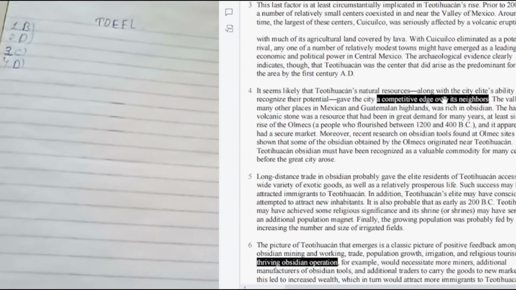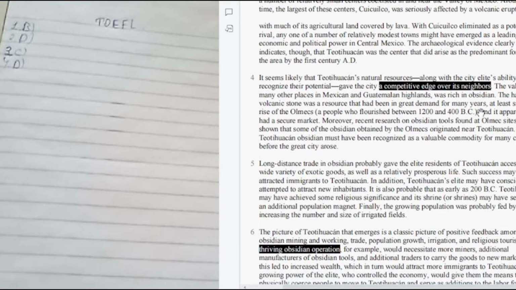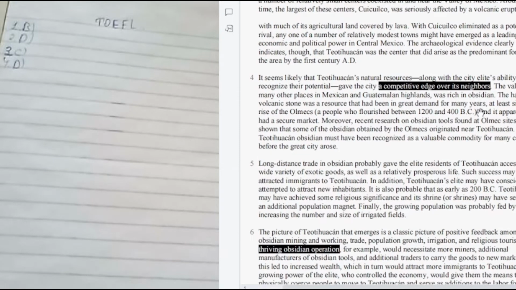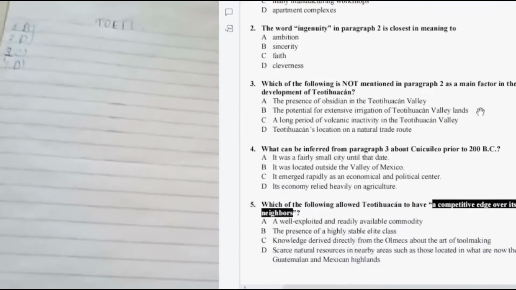Along with the elite's ability, like many other places in the Mexican highlands, it was rich in obsidian, the hard volcanic stuff. It seems likely that Teotihuacan's natural resources, along with the city elites' ability to recognize their potential, gave the city, yeah, like Teotihuacan's natural resources.